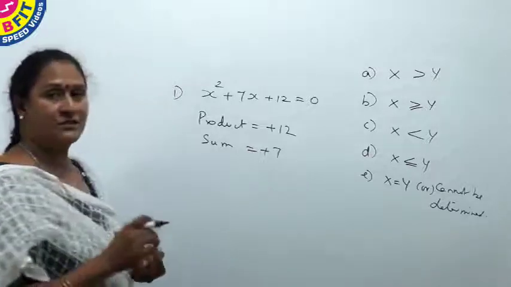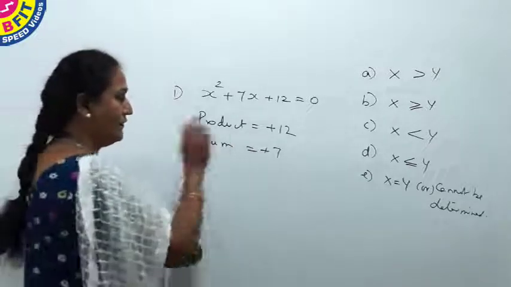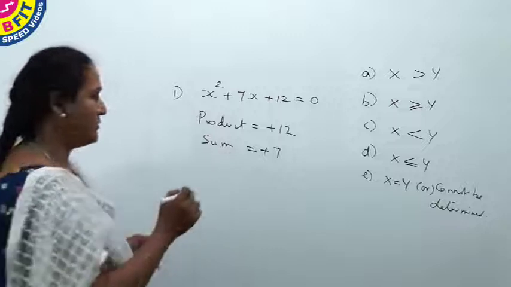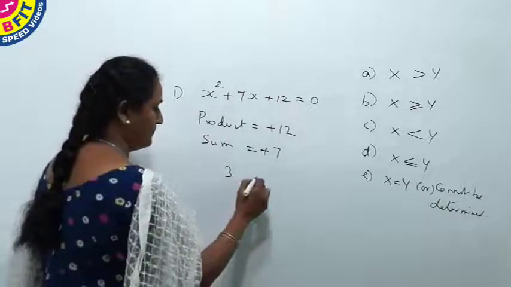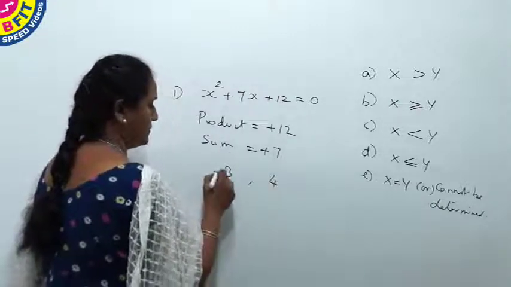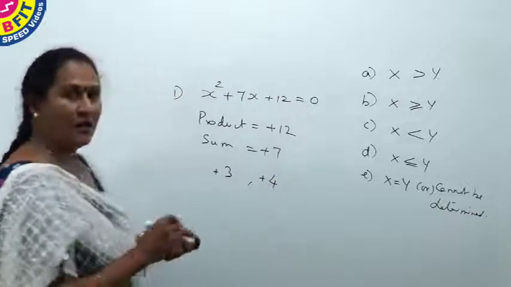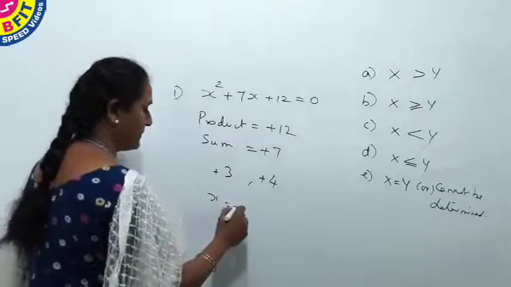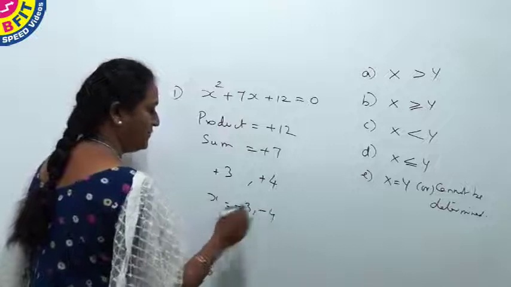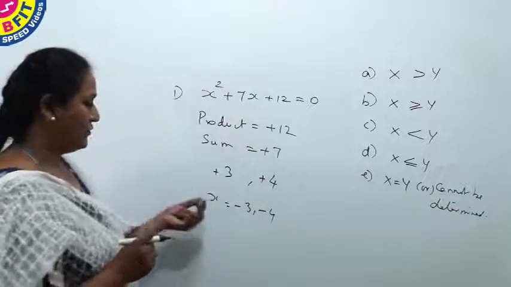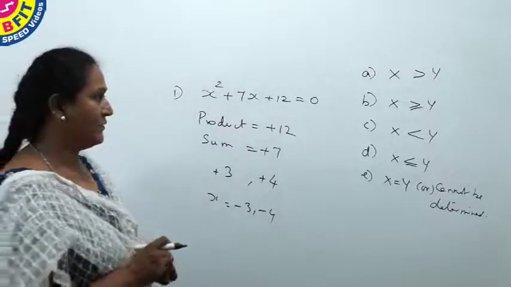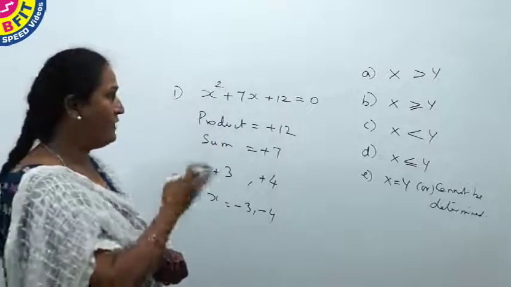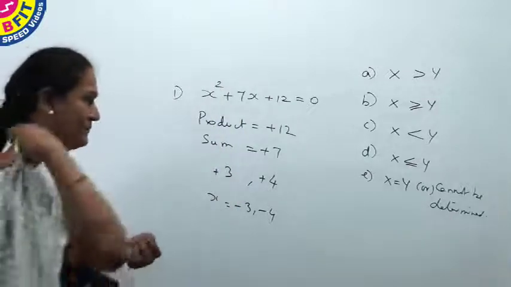So the numbers 3 and 4 when added give 7 and the product is 12. So plus 3 plus 4, and our solution will be minus 3 and minus 4. So the value of x is minus 3, minus 4. So we'll make a note here and we'll solve the second equation.